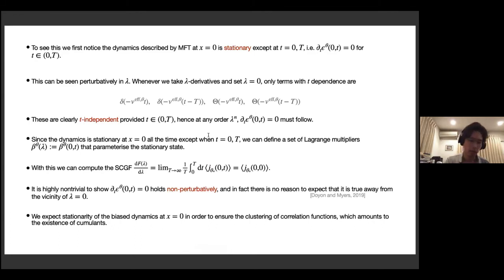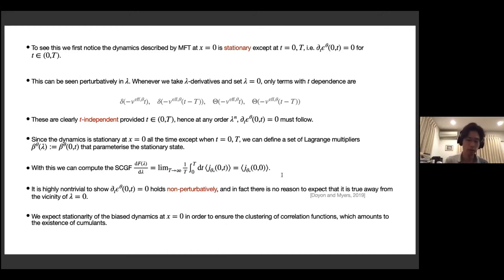But there is a caveat, which is that it is highly non-trivial to show the stationarity of this epsilon non-perturbatively, because there are some subtleties, and in fact, there's no reason to expect that this is true away from the vicinity of lambda equals 0, essentially because you need this kind of stationarity just to ensure that the clustering of correlation functions and clustering in time is satisfied at x equals 0.